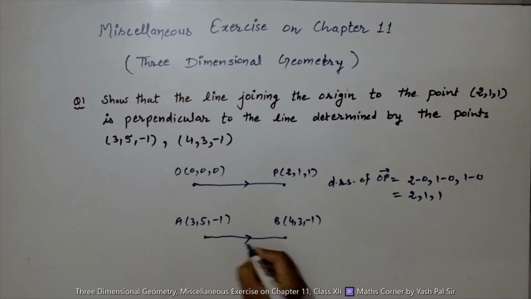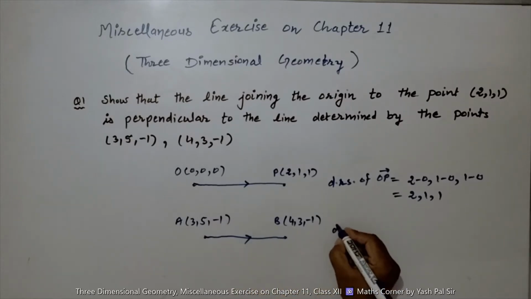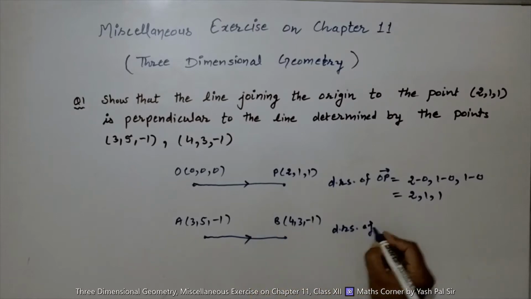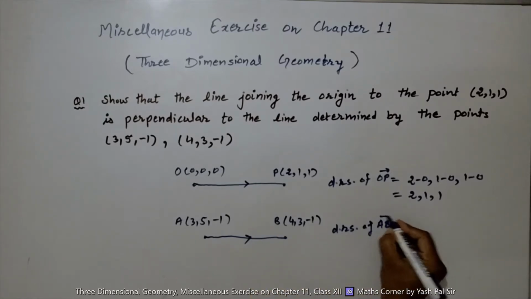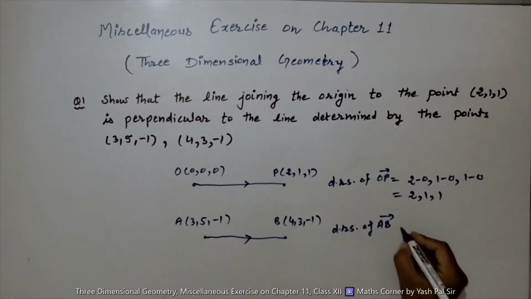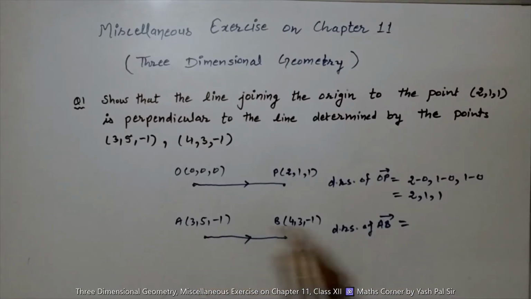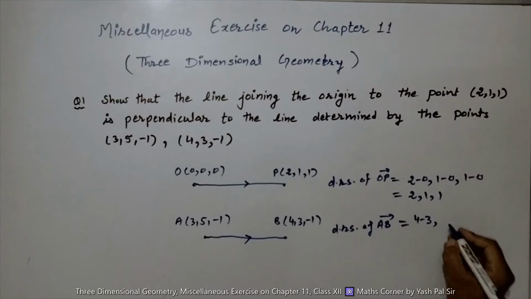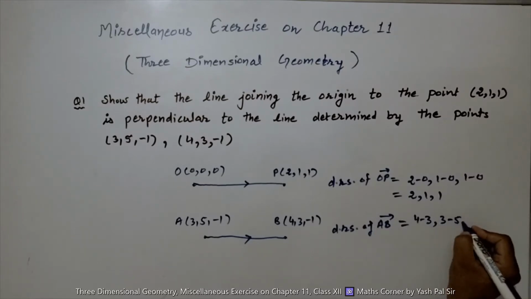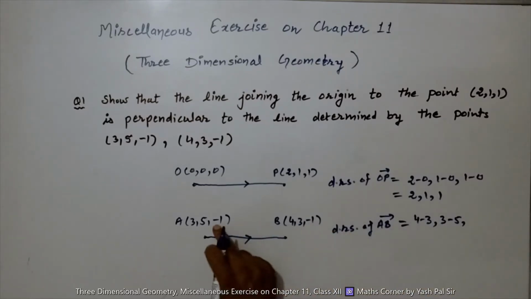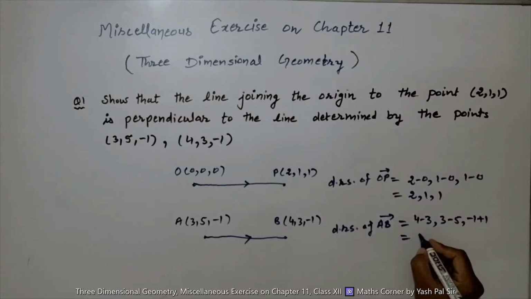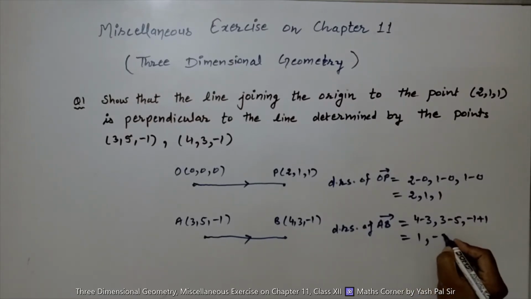Again we have the direction ratios of this vector AB equal to 4 minus 3, 3 minus 5, minus 1 plus 1, which becomes 1, -2, 0.